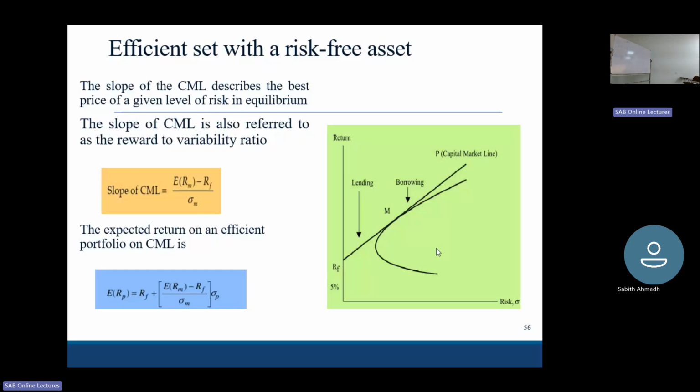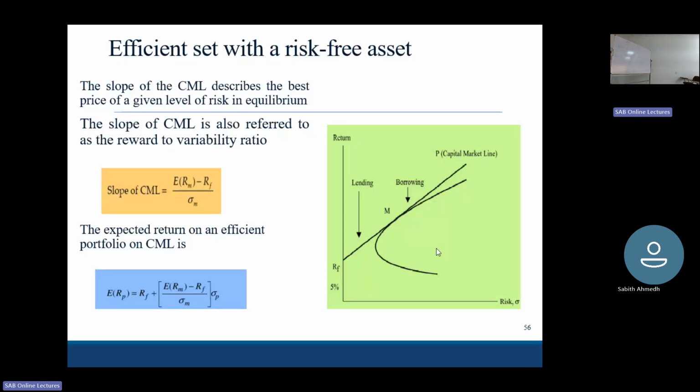The expected return of the market portfolio you can calculate based on the all share price index. The difference in the all share price index gives you the market return. Then the expected return of the market minus the risk-free rate, which is based on treasury bill or treasury bond yields, divided by the market portfolio standard deviation.